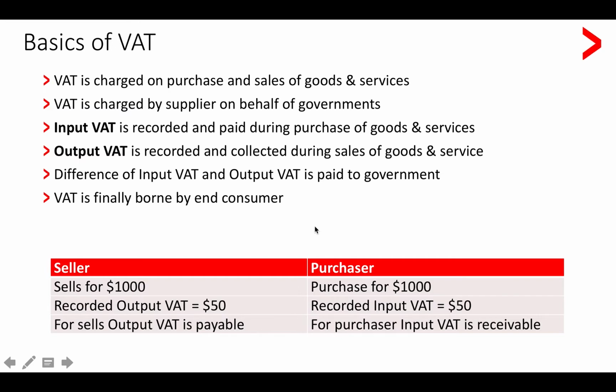So for the seller, VAT is an output VAT, and for the purchaser, VAT is an input VAT. For the seller, output VAT is a payable, it's a liability, and for the purchaser, it's an asset, it's a receivable. So all your input VAT and output VAT will be calculated, and the difference is required to be collected or paid back to the authority.